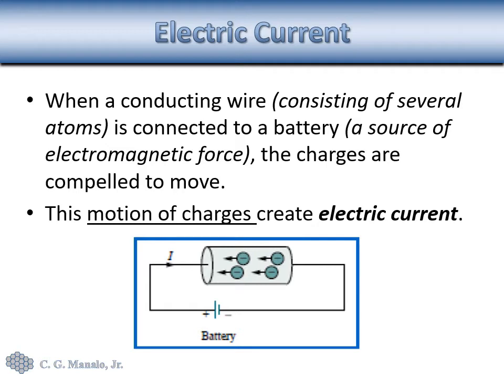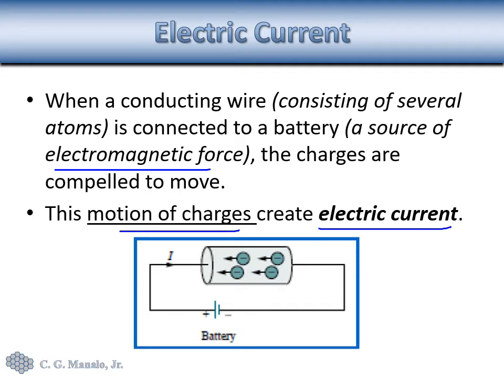Now, of course, what makes these charges move in a material? Later we will talk about electromotive force, which is actually the driving force that makes these electrons move around, or that creates the moving charges. Now, when charges start to move, or we have a motion of charges, we have what we call an electric current.